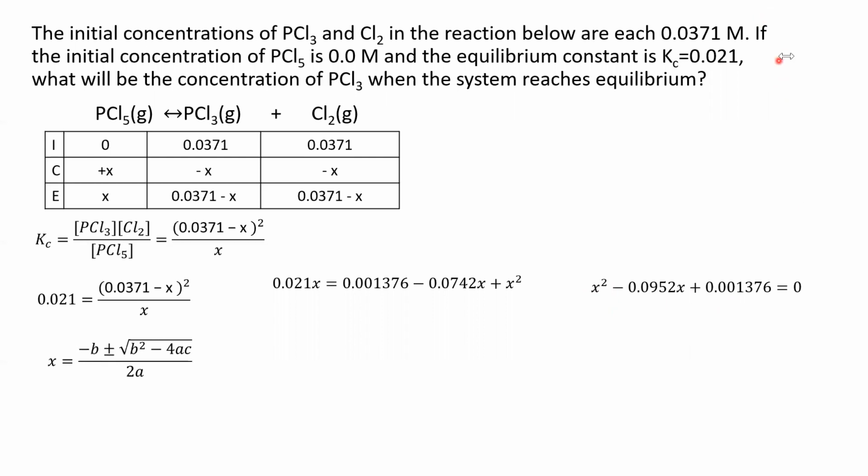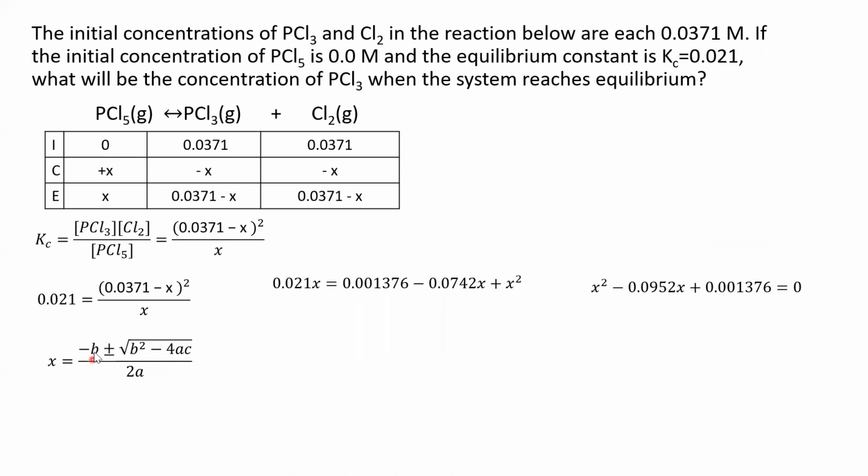Okay, so when we go to use our quadratic formula, X will equal negative B plus or minus the square root of B squared minus 4AC, divided by 2A. Now, B in this particular quadratic is negative 0.0952.